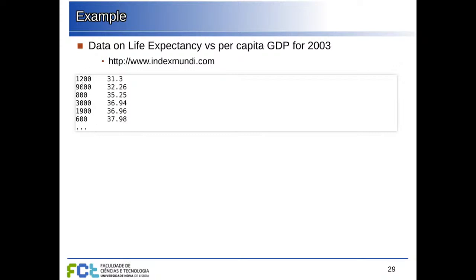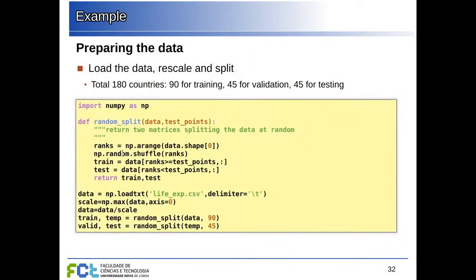It will be the maximum of this column and the maximum of that column, so it's going to project in the direction of the rows. So this will give us two values, a vector of two values, which is the maximum of the GDP values and then the maximum of the life expectancy values.